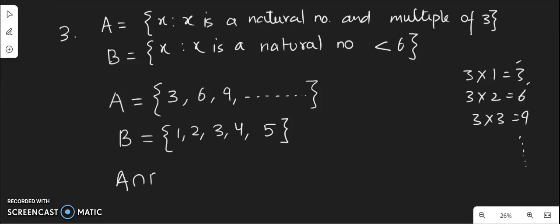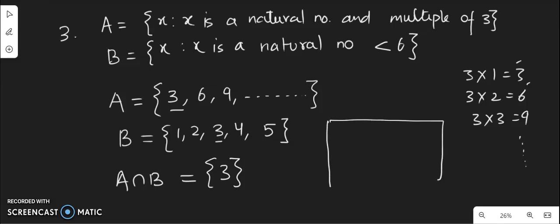And obviously I want to know A intersection B, and you can see the common element between them is 3. Since this set is up to 5 only, this is the only common element, and A intersection B can be given by 3. If you want to sketch a Venn diagram of this concept, this might be set A, which has multiple elements, and this is set B, and 3 is common right here.